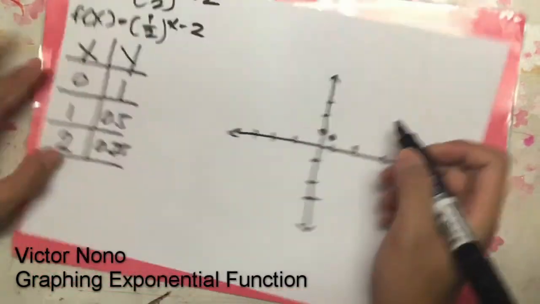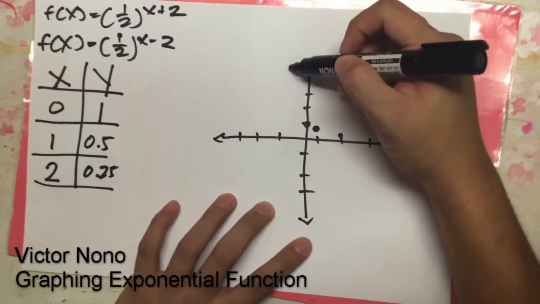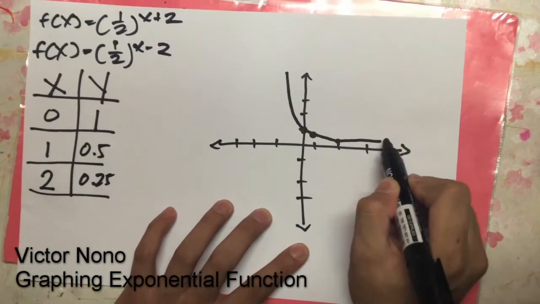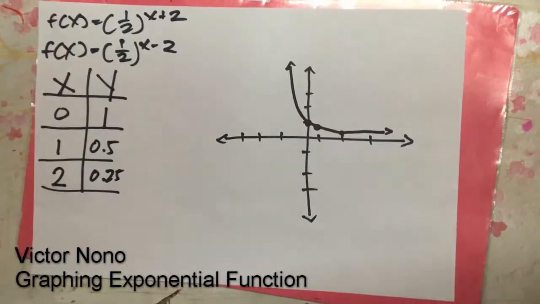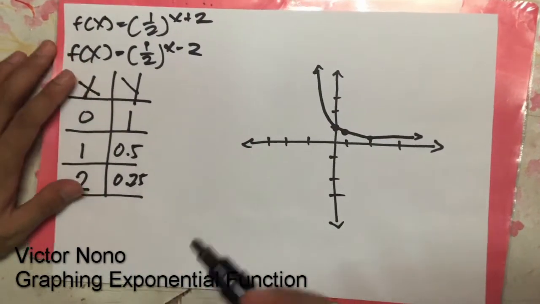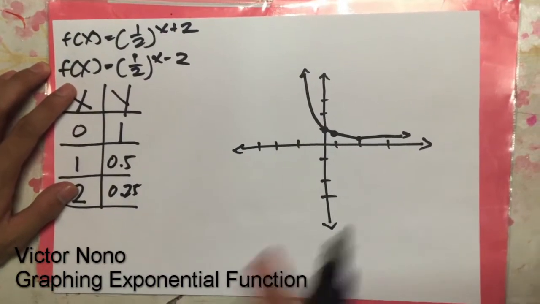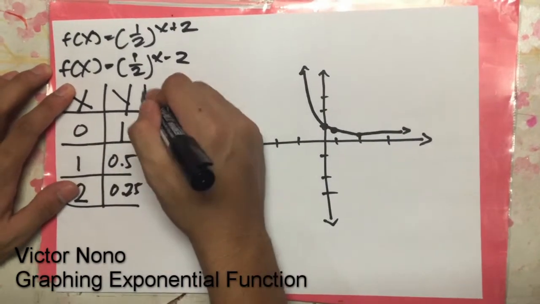So the line will be like that. So we will set another domain and range for us to determine if the graph is a horizontal translation.